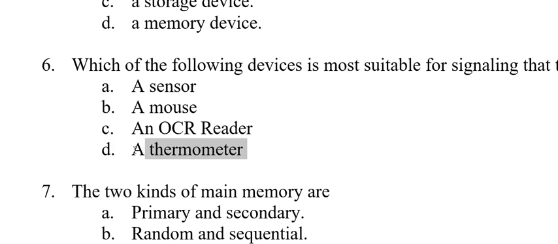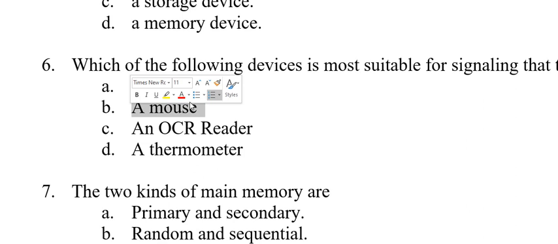A thermometer is totally off. An OCR reader cannot be. A mouse, no. You must use a sensor. A sensor is used to signal that there is fire in an area. Okay.